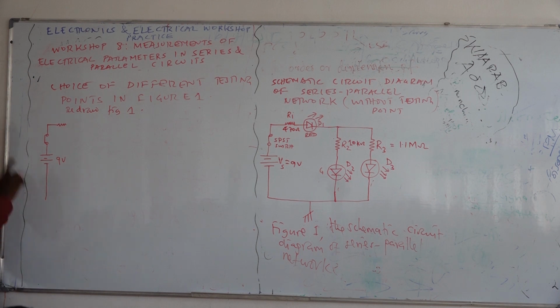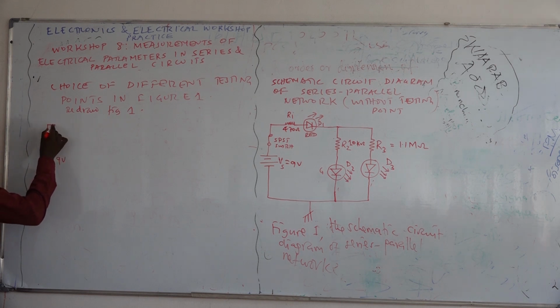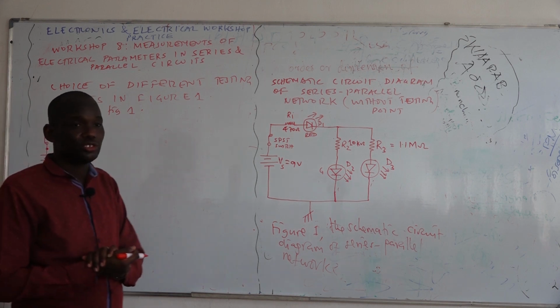Listen. The first testing point, even before you continue with other parts of this schematic circuit, stop writing class. It's this one. You have to be sure whether the battery you are using provides 9 volts or not.